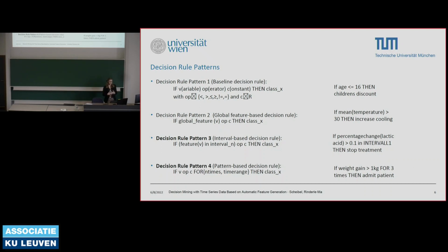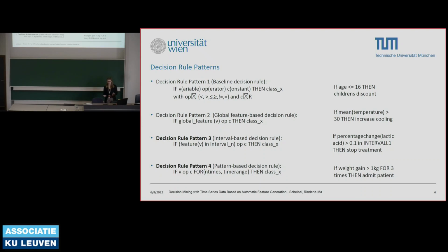And last but not least, the fourth decision rule pattern includes pattern-based decision rules. And it is of the form, if a variable compares to a constant for a certain number of times or in a certain time range, then we have a specified class.